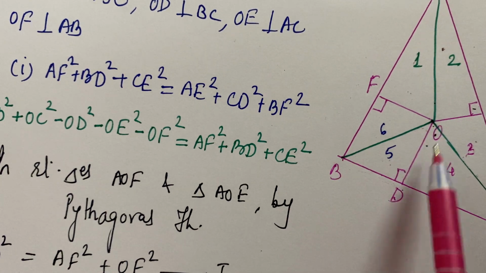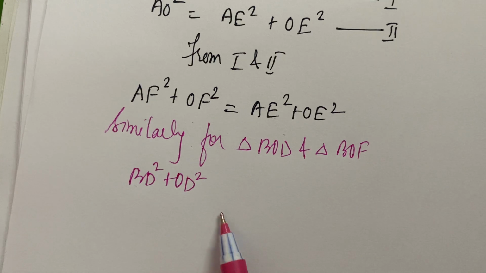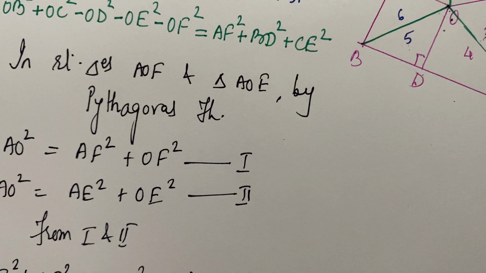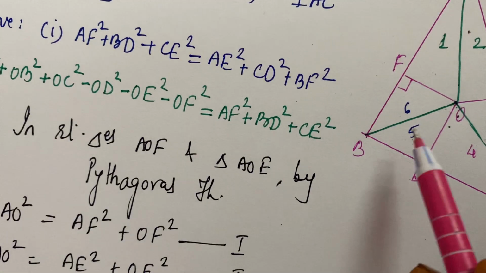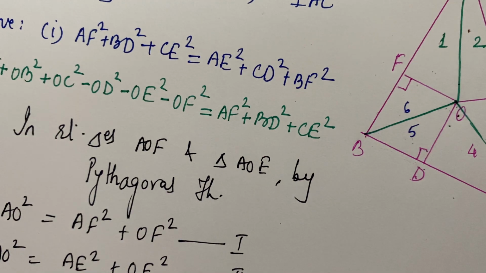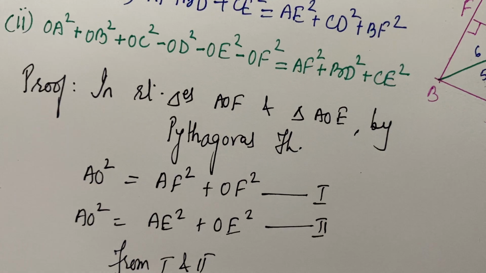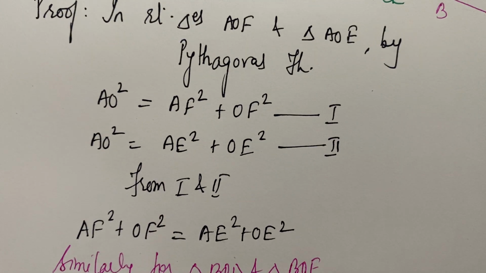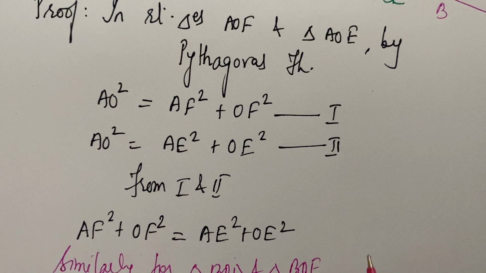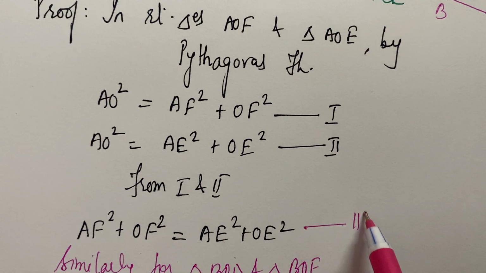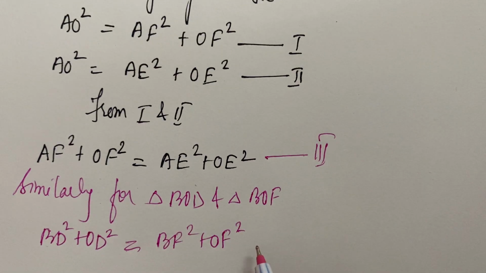Hypotenuse square is side 1 square plus side 2 square. So we have written BD square plus OD square. That will be equal to, now we will write these two, BF square plus OF square. Fine. So it will be BF square plus OF square. This is your 3 and this relation is 4.